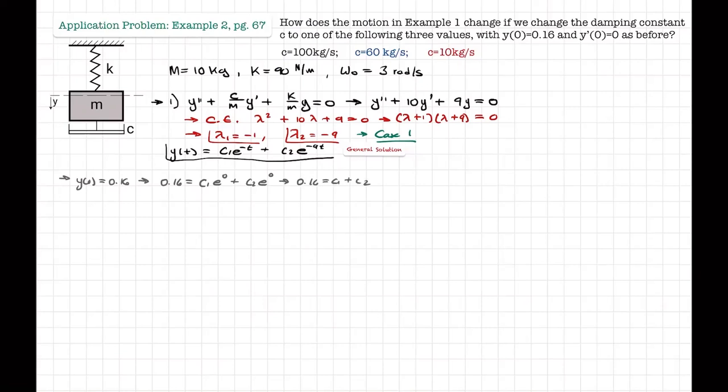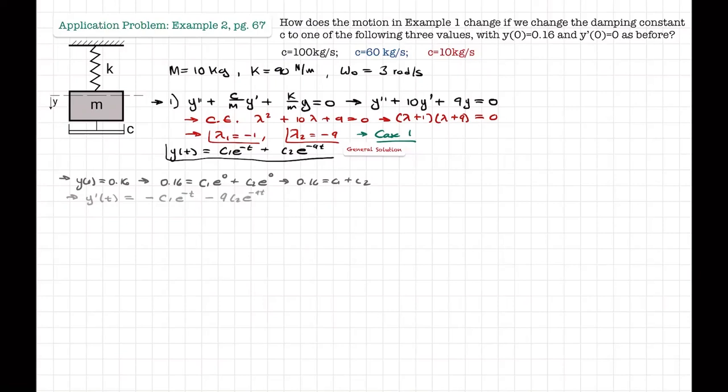Now we need to find y prime of t, which equals negative C1 e to the negative t minus 9 C2 e to the negative 9t.